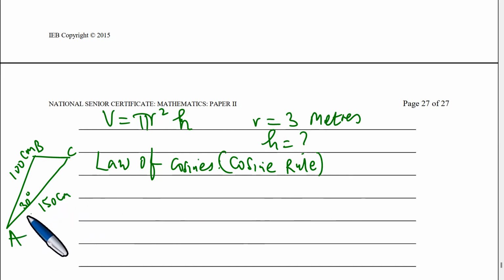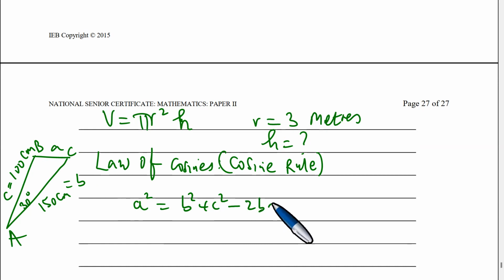Right, so if this triangle is there, then this is small a, and this one is small b, and this one is small c, opposite vertex C. So we want to find BC. So it's like a squared is equal to b squared plus c squared minus twice bc cosine A.